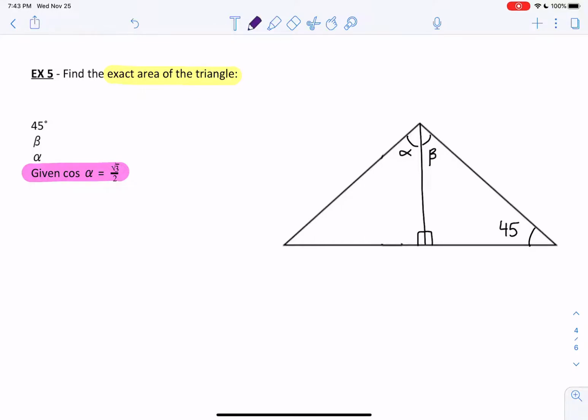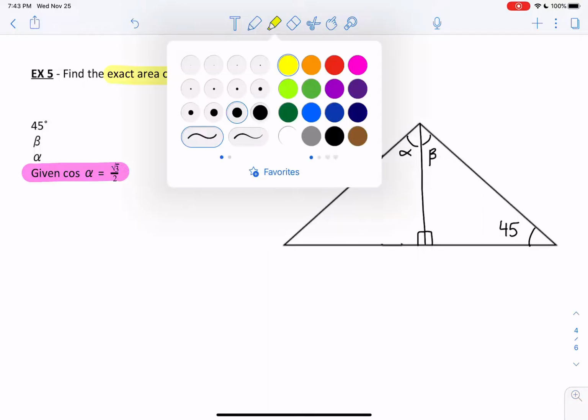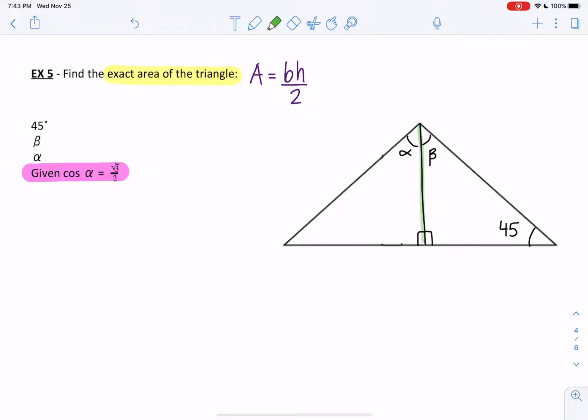So to find the area, we're going to have to fill in base times height divided by 2. So we'll need to determine the height. We need that value, and we also need the base as well. So let's start by trying to figure out what we can use. Cos alpha is equal to root 3 over 2.